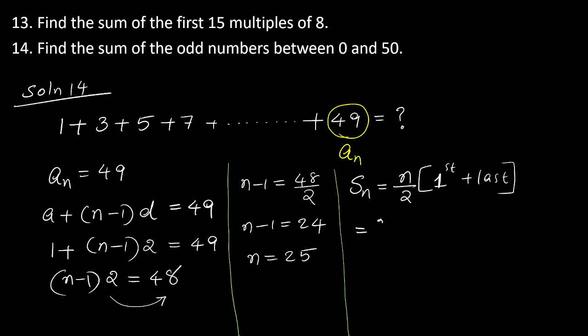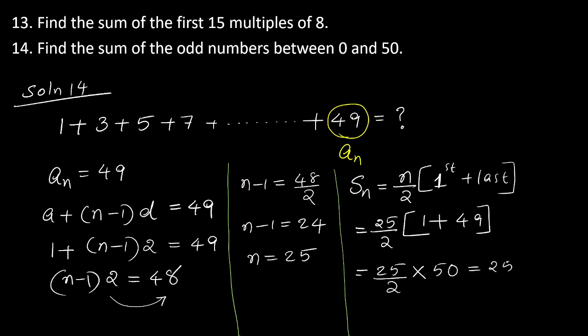N is 25. First term is 1. Last term is 49. One plus 49, 50. 50 by 2, 25. Calculation I don't want to discuss. Answer is 625.